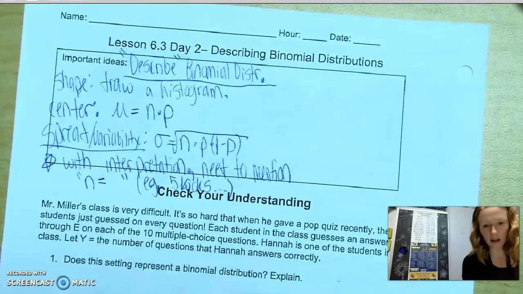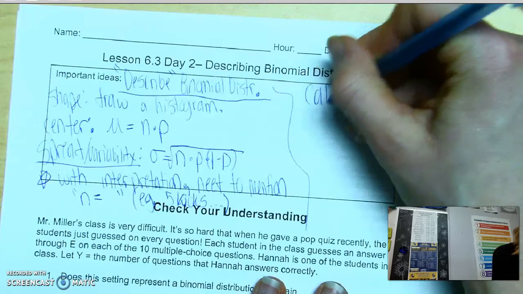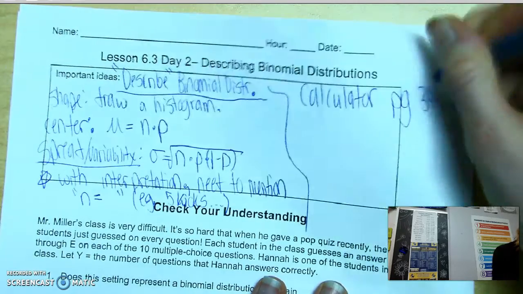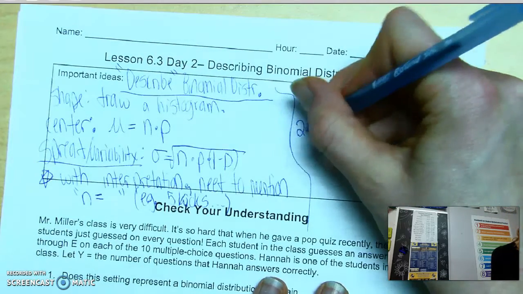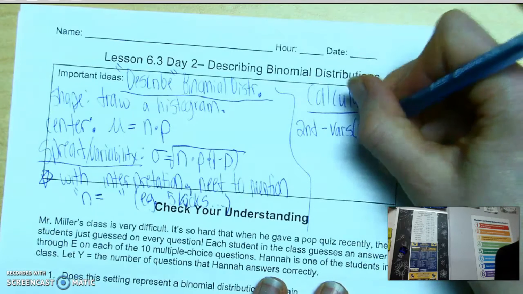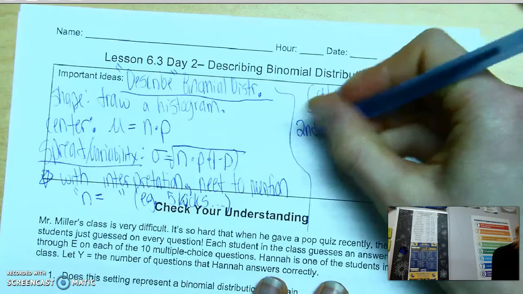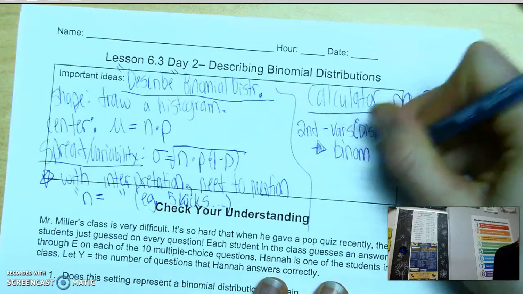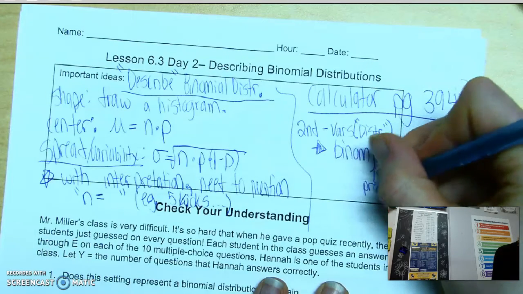And then there's some calculator stuff on page 394. You can check it out in your book. It will make your life 10 times easier to understand this. So if you go to second vars, which is like your distributions, you're going to find this thing called binom PDF. That P stands for precise.